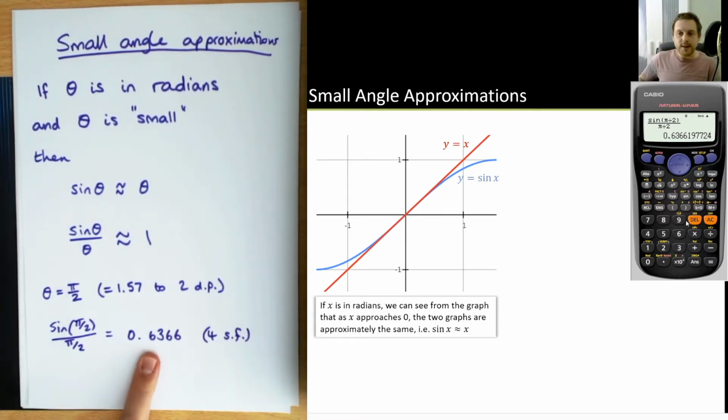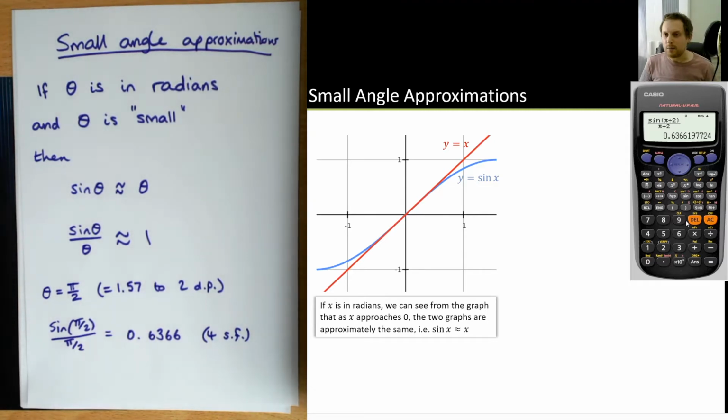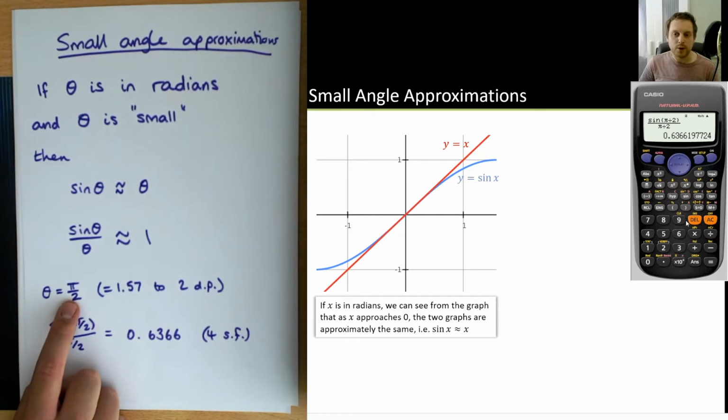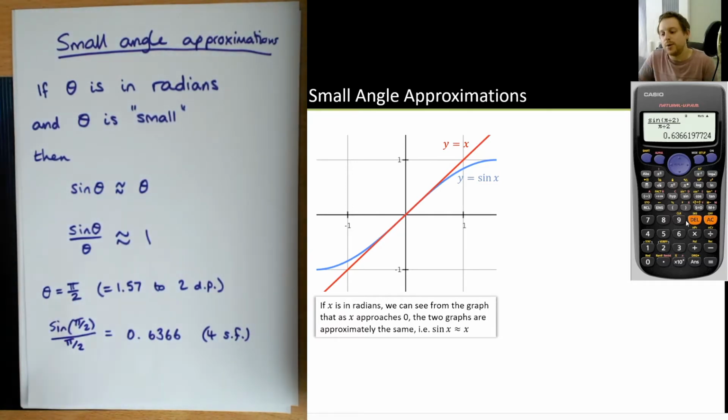Now, is that close to 1? Well, on one hand, yes, right? It's only 0.4 away. But on the other hand, given that sine is already between -1 and 1, that's not that close to 1, is it? Pi by 2 is not small enough. But the idea is if you relax your standards, you could say, well, yeah, that's fine.